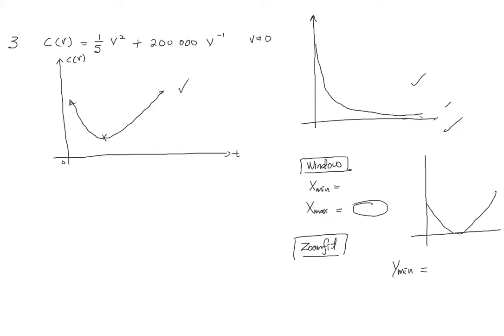Okay, you got your minimum? So I got the minimum as, so I jot it down, 79.4, comma, 3779.76.